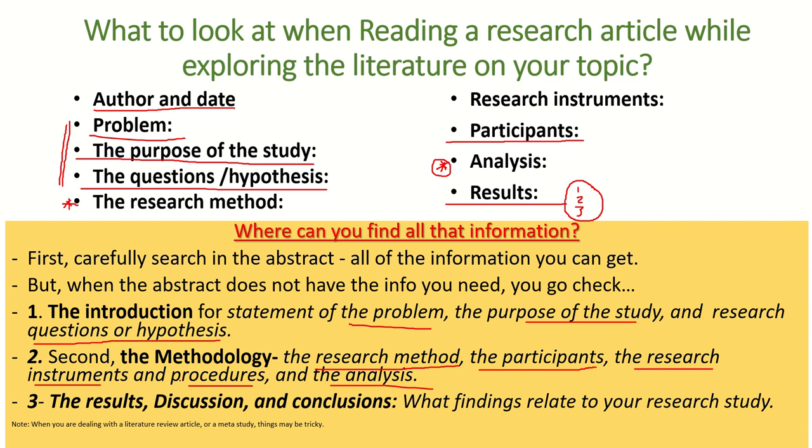One thing here that is tricky is that sometimes you find a literature review article, and you're trying to find the participants, but in a literature review article, you don't find participants. You're going to find a review of the literature. What they're going to tell you is how they chose the articles that were included in the discussion. So this is something you need to keep in mind.